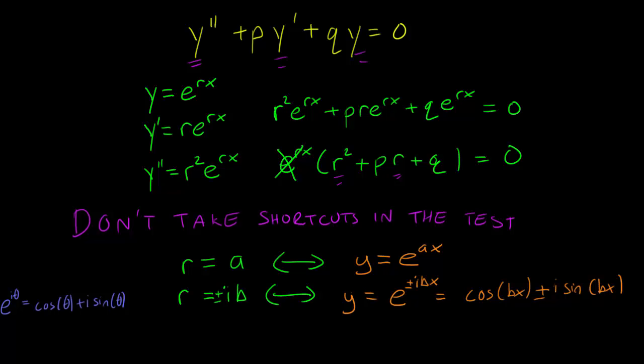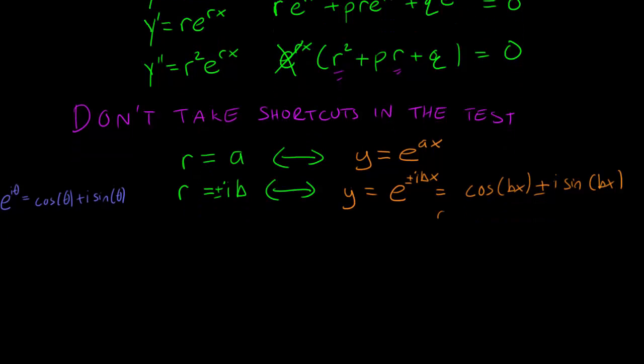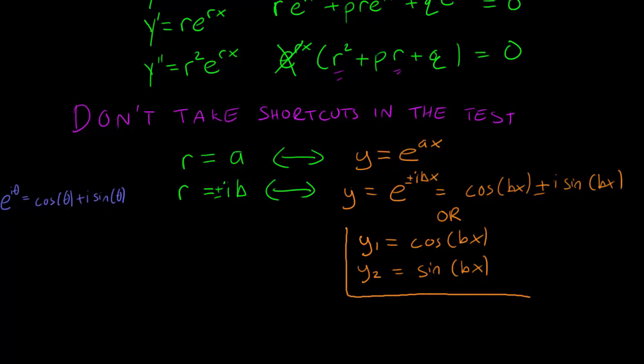And again, these are perfectly fine solutions. However, since we prefer real solutions, you can just take the real and imaginary part of the previous solution to get y1 equals cosine bx and y2 equals sine bx. And this is what we'll use.